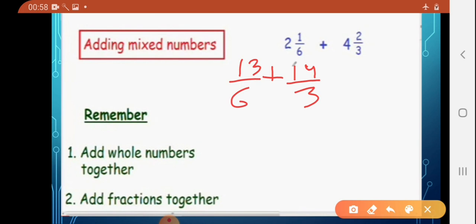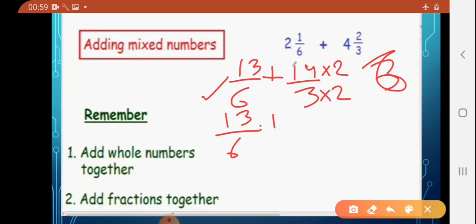You have to change into like fractions because the denominator is not same. When LCM will come, again LCM will come 6. So there is no need of multiplying here. Here you will multiply by 2 into 2. Now 13 upon 6 already it will come, and then 14 2s are 28, 28 upon 6.